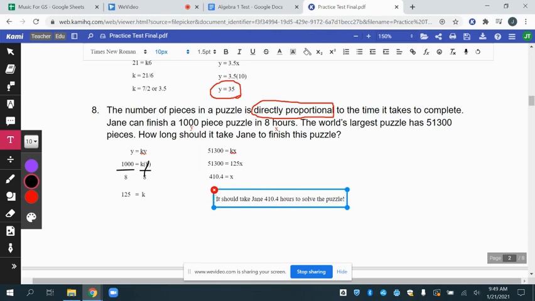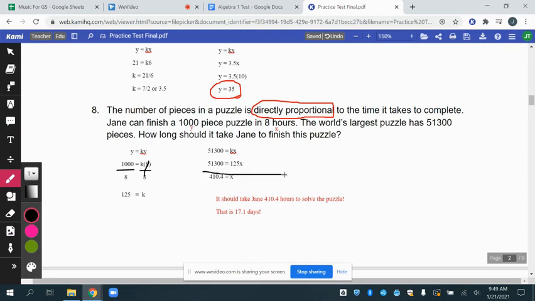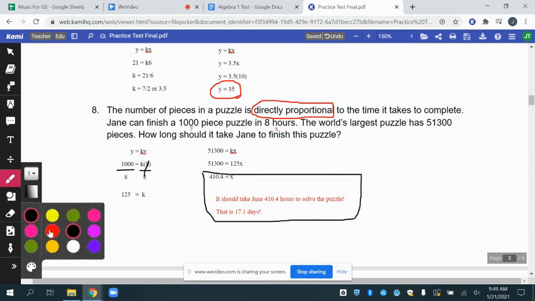Let's see, 410.4, if I divide that by 24, I can figure out how many days. That is 17.1 days. Straight, that's without a break. So that's a lot of time. Okay, I would accept basically any of this as the answer.